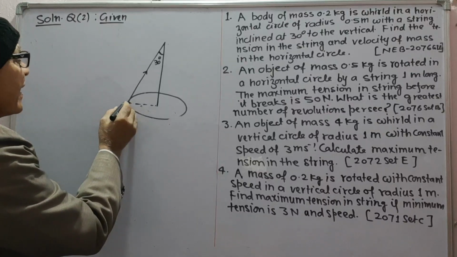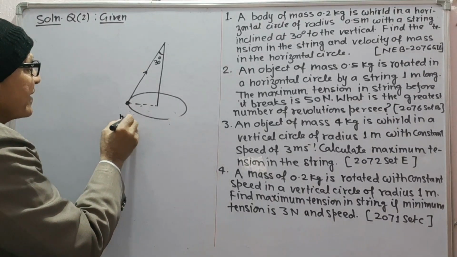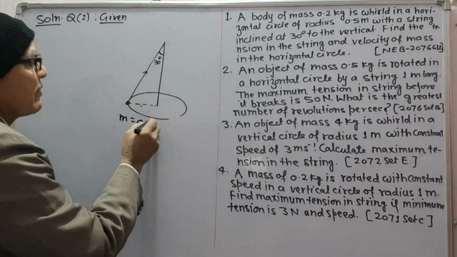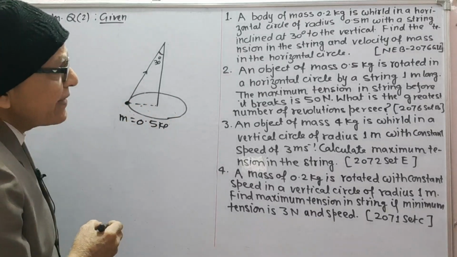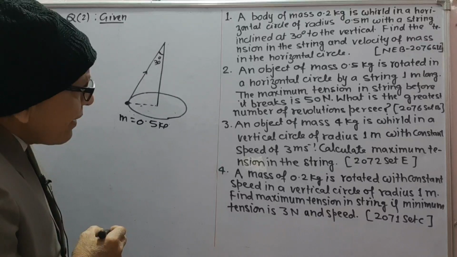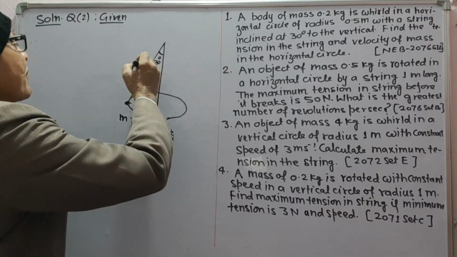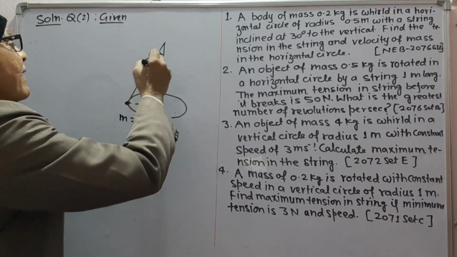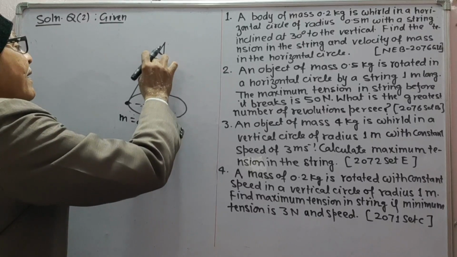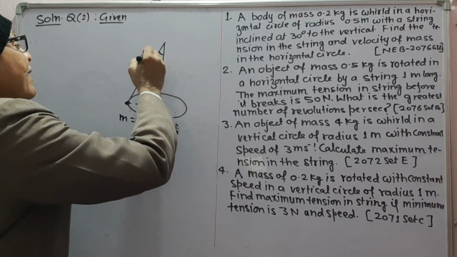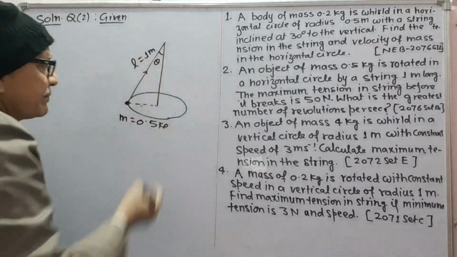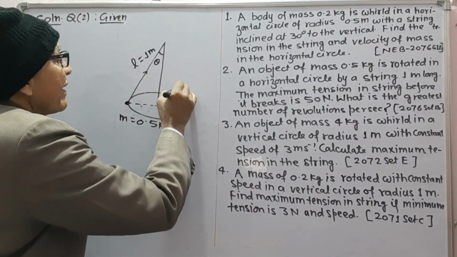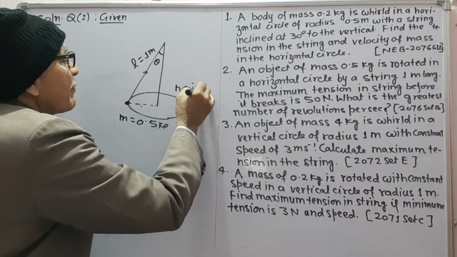Given in horizontal circle mass is 0.5 kg. Length of a string is 1 meter. This is horizontal circle.